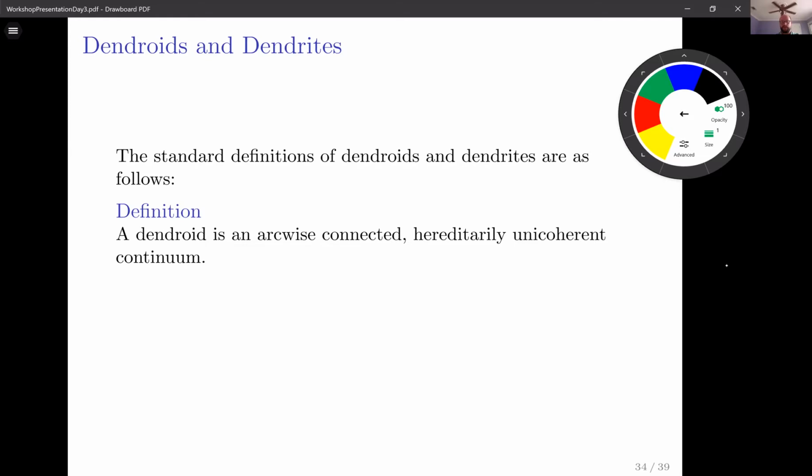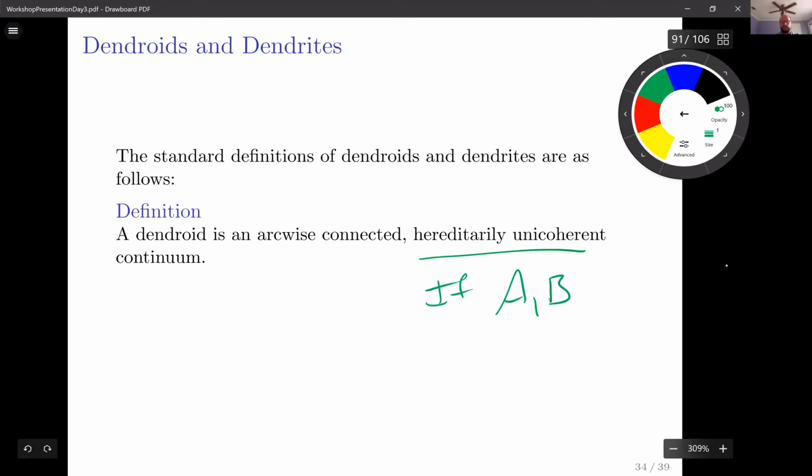Hereditarily unicoherent, for those not familiar, means that if A and B are connected subsets of D, then A intersect B is empty or connected.